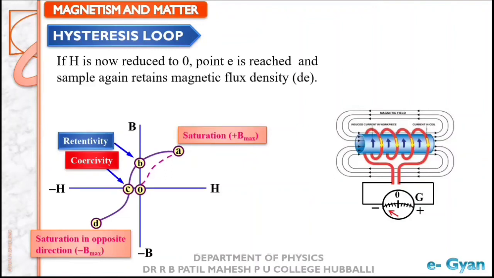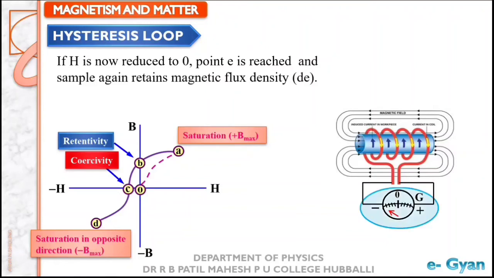Next, if we now try to reduce H to 0, then we attain a point E and the sample again retains a magnetic flux density.